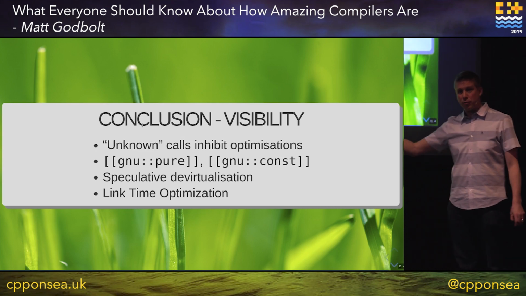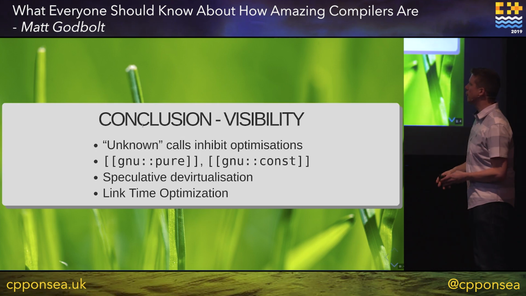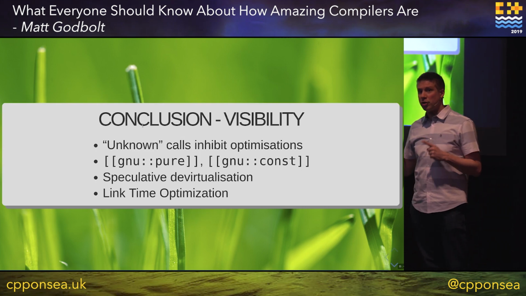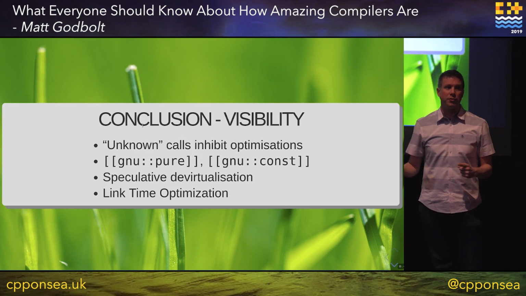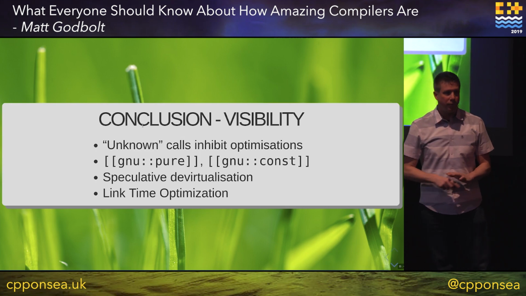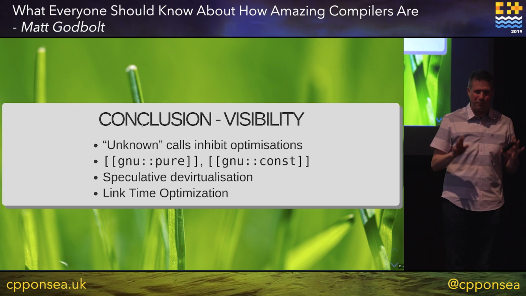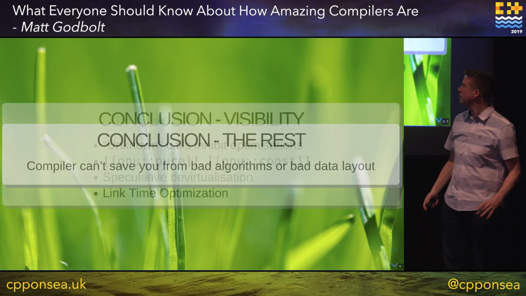If you annotate it as pure in the header file, maybe some other part of the code will benefit from it, but it's very noisy, as you'd imagine. It often doesn't matter. Speculative devirtualization is a thing, and I'm sure that we're going to see a lot of new things coming from that. Link time optimization, turn it on, find all the undefined behavior you've been unfortunately taking advantage of all this time, fix it, and then reap the benefits.